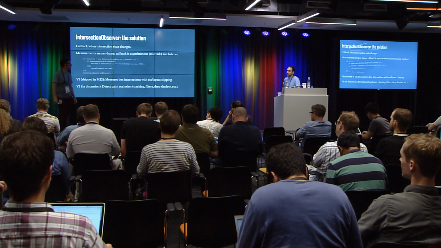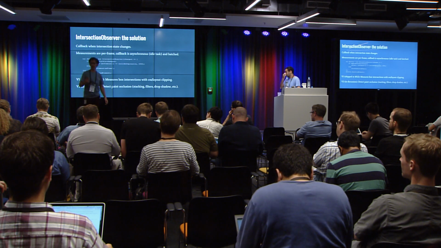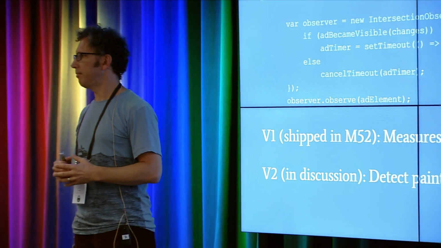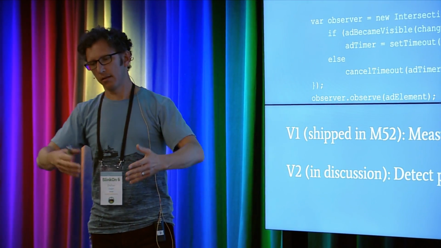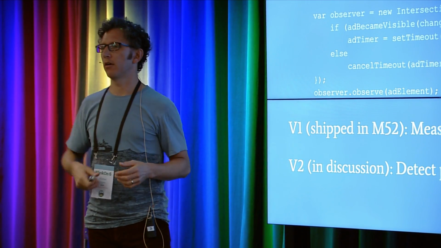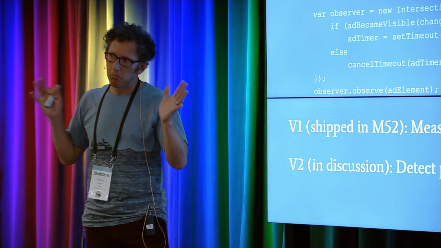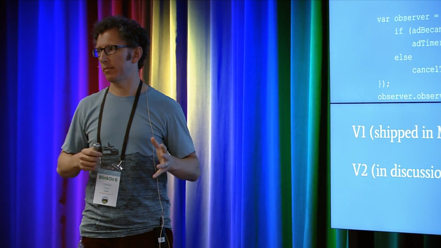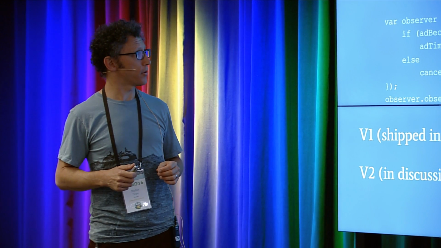So it's using the same machinery that we use for request idle callback, which is an API that shipped last year, which basically means telling the browser, here's a callback that I would like you to run whenever it's convenient. So, not when you're scrambling to get a frame out or have other important stuff to run, but whenever you have some idle time.